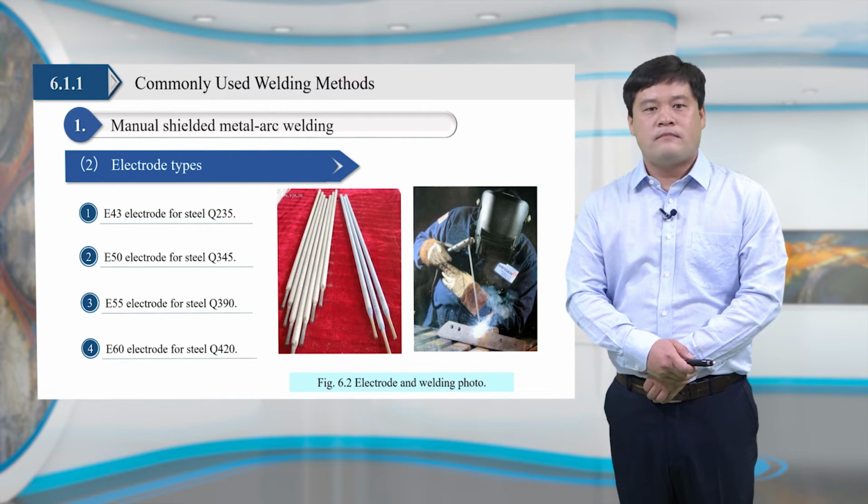The designer must select the proper electrode according to the grade of steel. E43 electrode is used for Q235, E50 for Q345, E55 electrode for Q390, and E60 electrode for Q420.